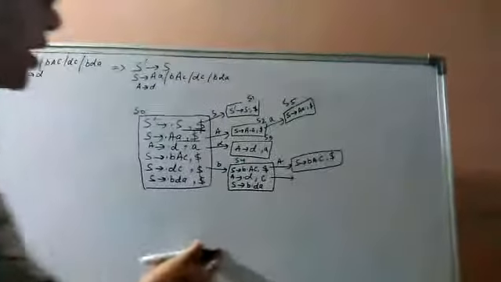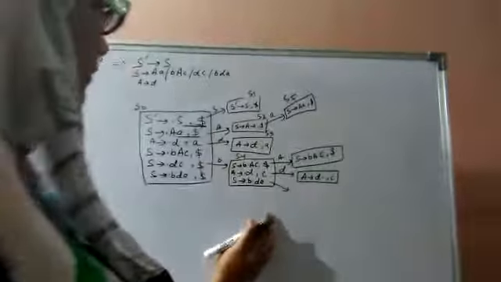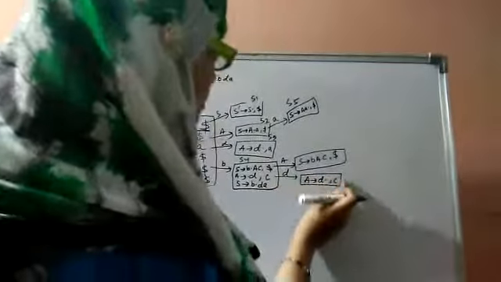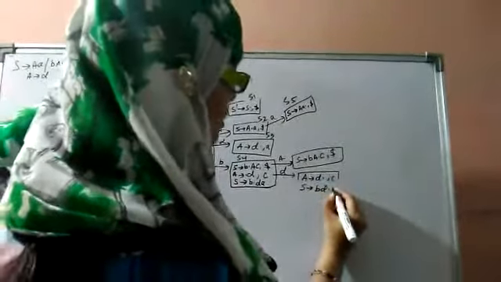The only production rule can be done. And from D, B dot C. Here, no, see the D, S to B D dot A.